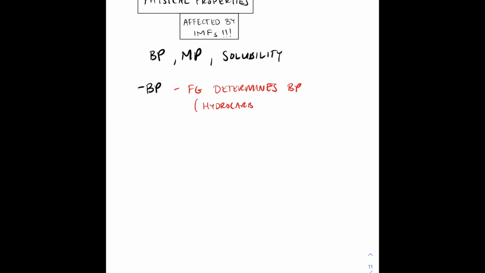So hydrocarbons, these were basically non-polar substances, but then we also had those with the C-Z bond, the sigma bonds, right? And then we had C=O compounds as well. So these were the three main functional groups, and these ones are non-polar.